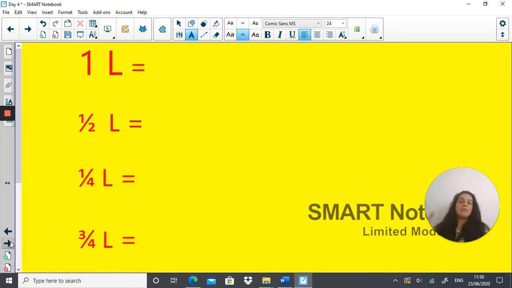And here we go. So like I did last week, I'm going to put down what these values, these fractions, are equivalent to in terms of millilitres. So 1 litre is equivalent to how many millilitres? Just pause the video and have a go at writing down what these are equal to in terms of millilitres. So hopefully you wrote down and know that 1 litre is equal to 1,000 millilitres. Half a litre is equal to 500 millilitres.